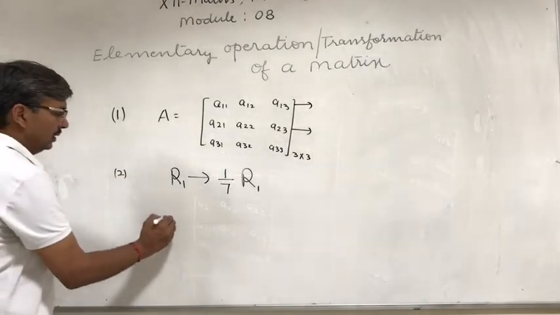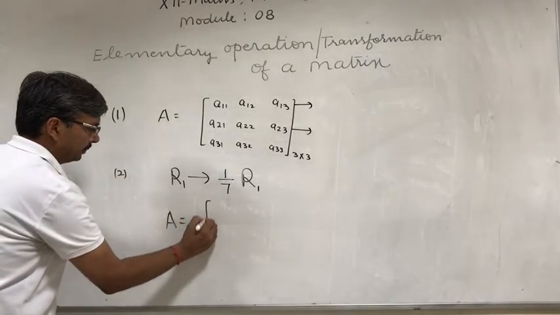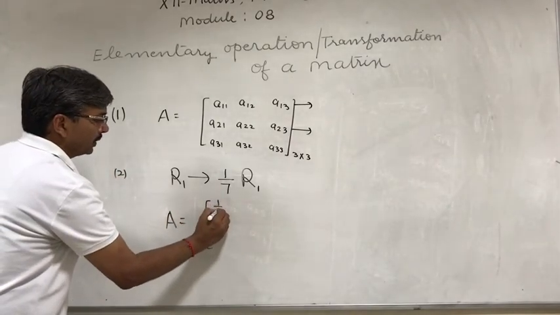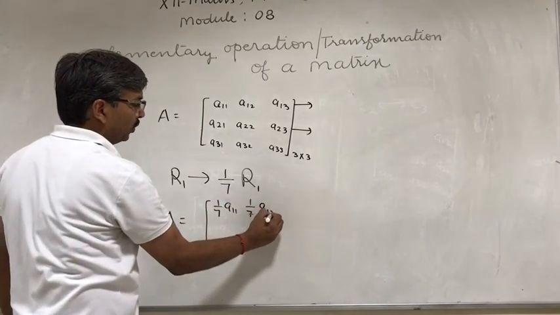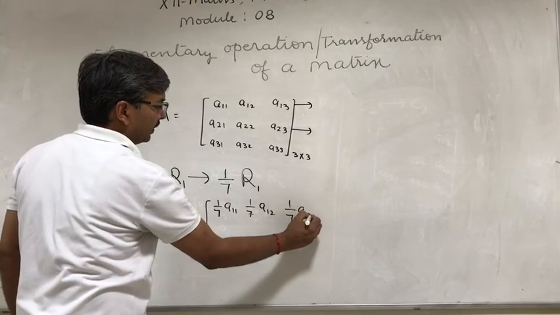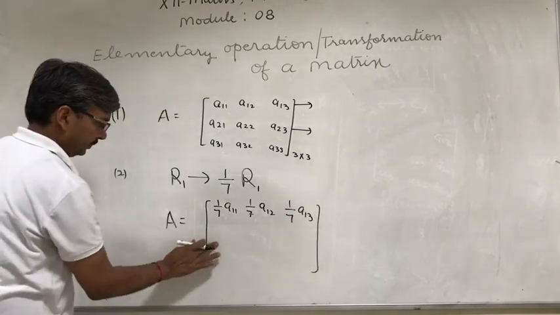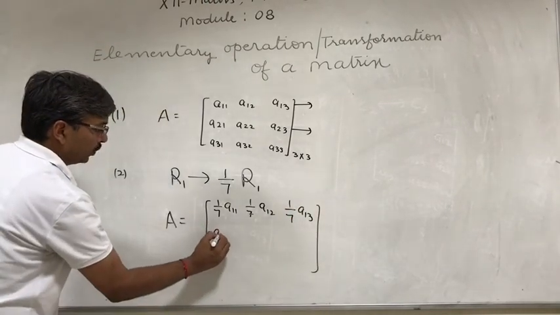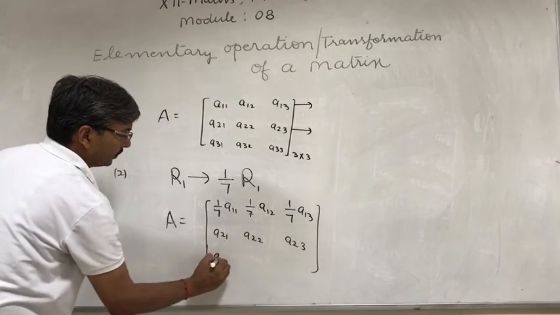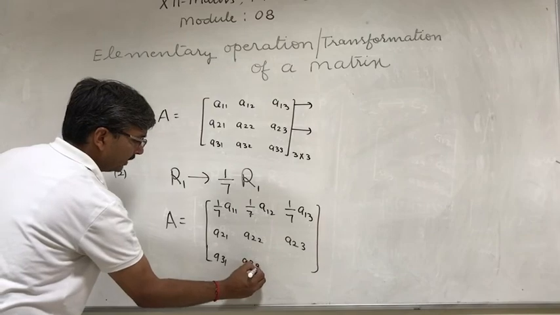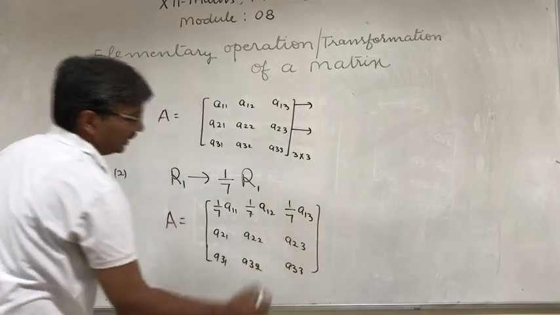This matrix will become 1/7 A11, 1/7 A12, 1/7 A13, A21, A22, A23, A31, A32, A33 like this.